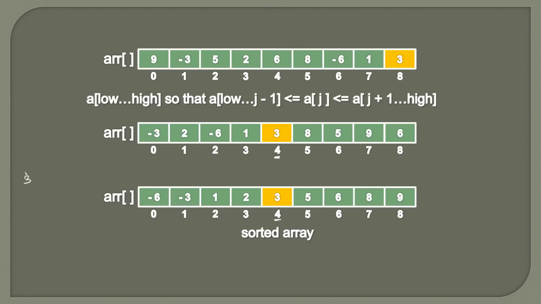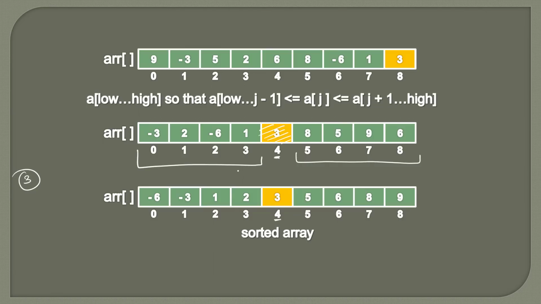And now when we are discussing the recursion part, the third step, what we do is, we take the left side of the partition, we take the right side of the partition, we leave the pivot as it is at its correct position. Now we apply the same steps of choosing a pivot and then partitioning on the left side of the array and on the right side of the array.